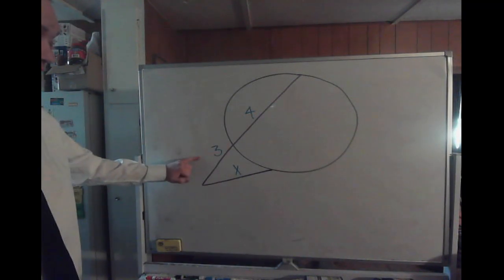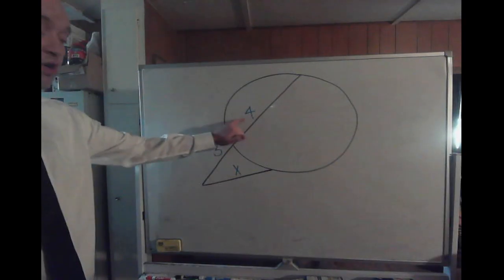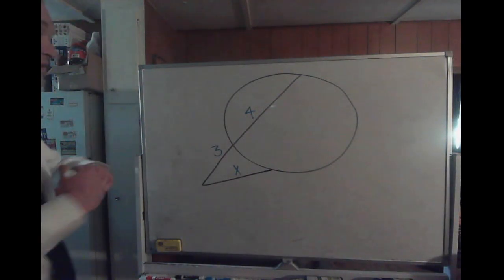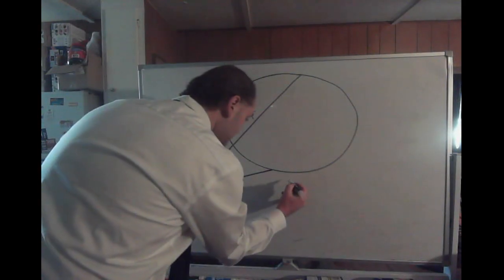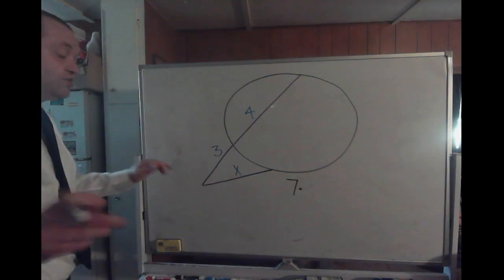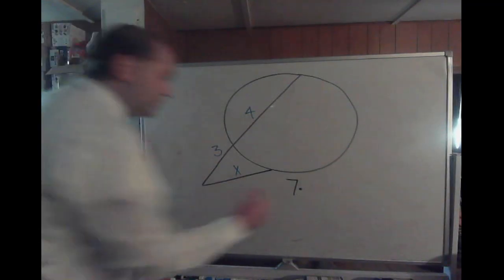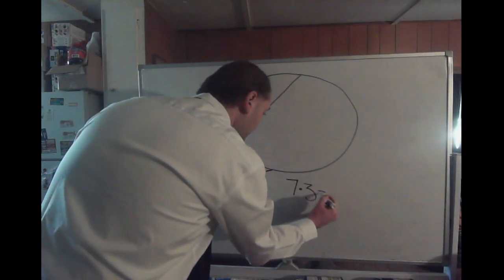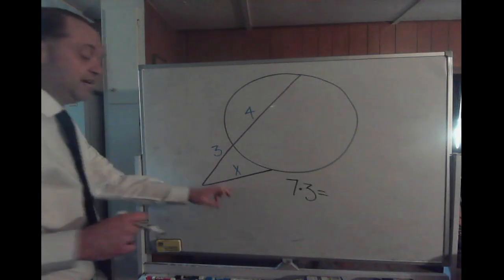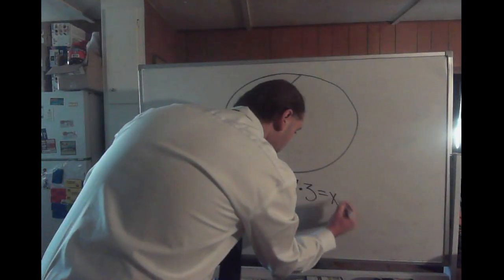If this part of the secant segment is 3 and this part's 4, the length of the whole secant segment is going to be 7. So you would take 7, the length of the whole secant segment, times the length of just your outer segment, which is 3. That'd be 7 times 3. That's going to be equal to the length of your tangent line, which is X to the second power.